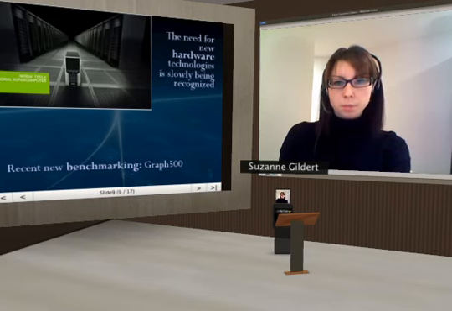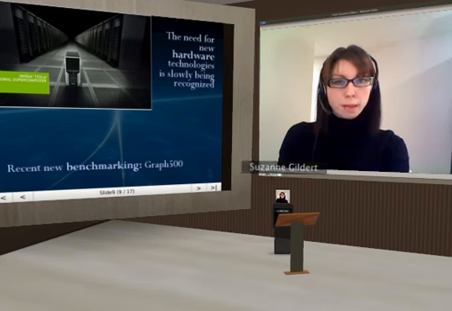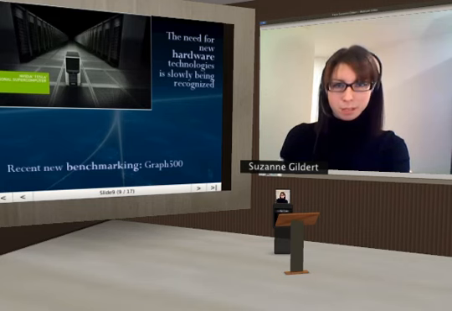There are new benchmarks that are being developed. Very recently there was one announced called Graph 500. Most people buy supercomputers and high-end processors based on their benchmarks. But the problem is they're still benchmarking for these very serial arithmetic operations that we're used to thinking about computers as doing.